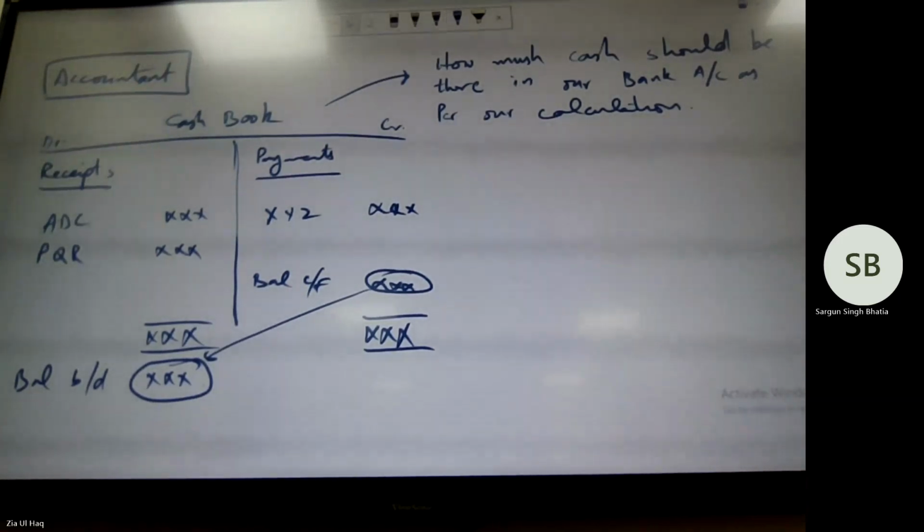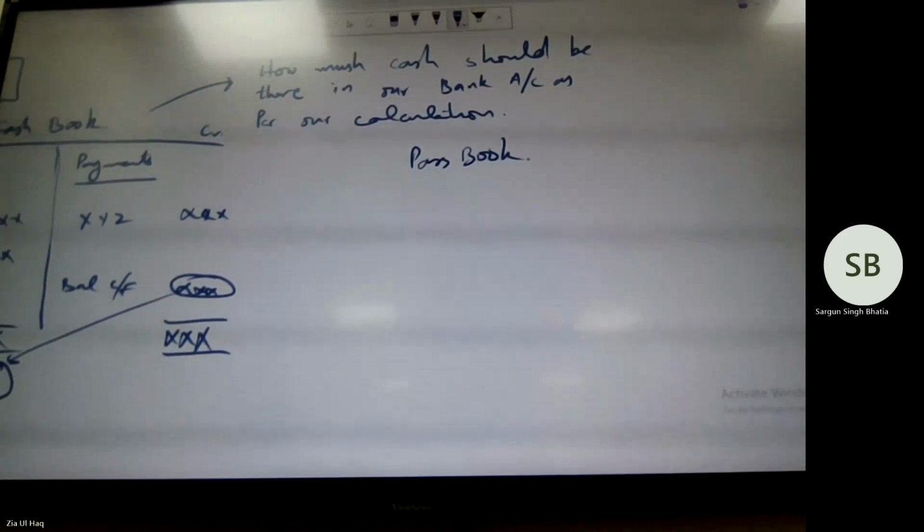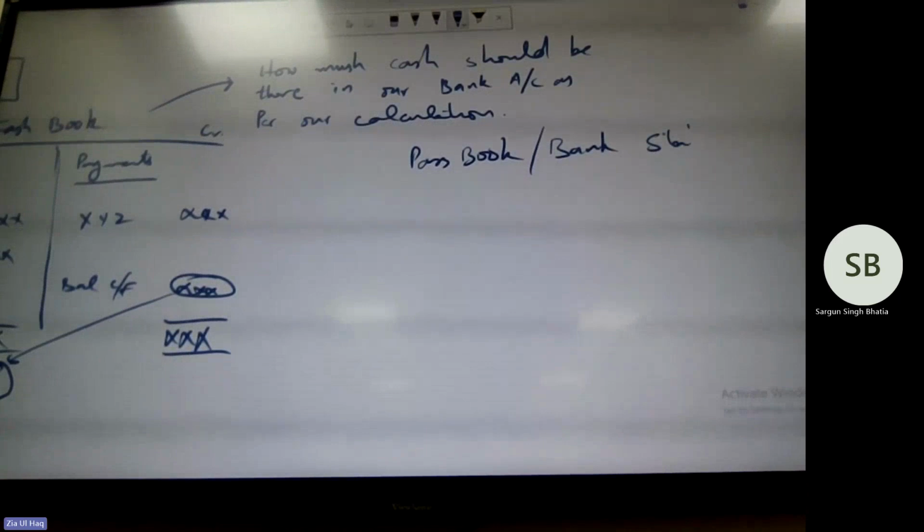What does the bank do? The bank prepares a passbook, or you can say a bank statement, regarding our bank account.